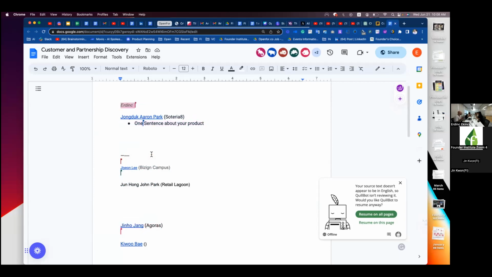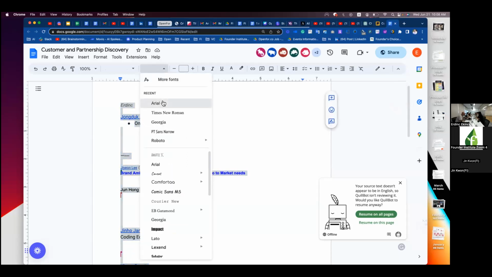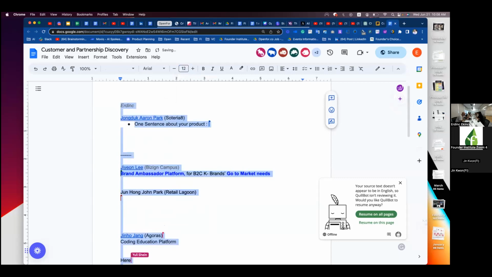Just what is your company about? It's an easy online code learning platform, and it smoothly integrates into your workflow. Jim, can you write an example, your surname? Because in Korea, I never remember. Let's use the same font, same style. Here, let me write. Jim?